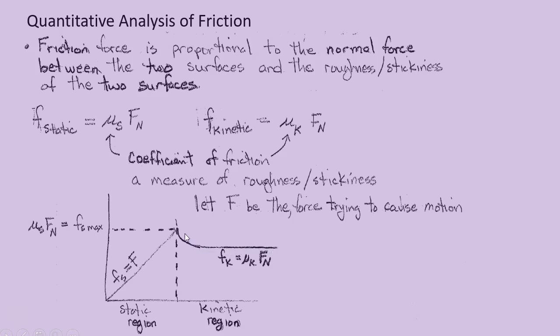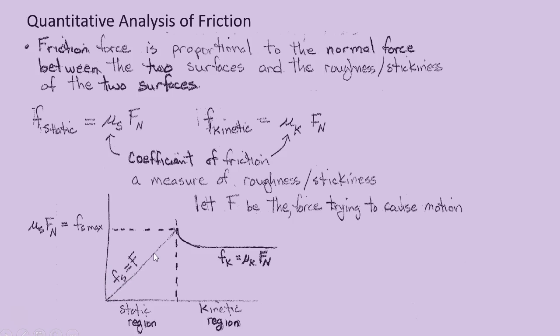Once you get past this transition period and you reach this level force, this is now the kinetic friction force, and it is equal to the coefficient of kinetic friction times the normal force. So an important thing to know is when you apply a force less than the maximum friction force, the friction force is only equal to the force you apply.